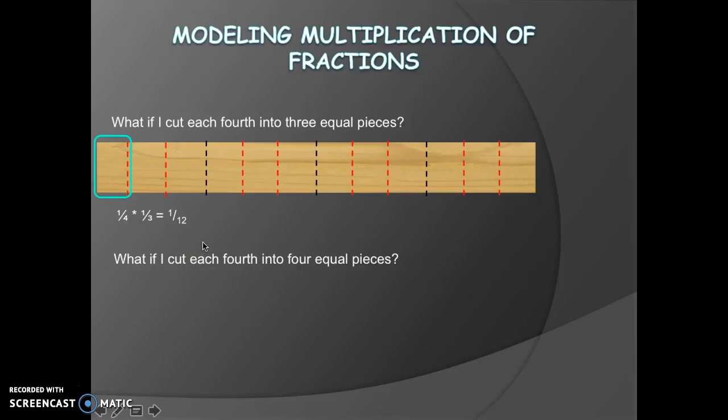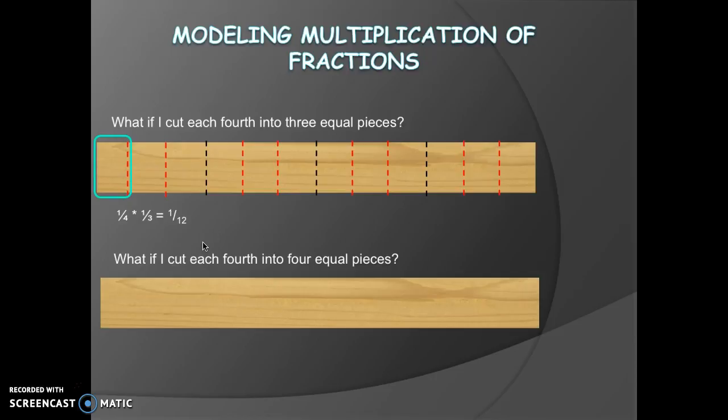So what if I have that same board and cut it into still fourths? So I'm going to have fourths, but I'm going to cut them into 4 equal pieces this time. So I have a fourth times a fourth. So think about that a minute. What is this piece going to be of the whole board?